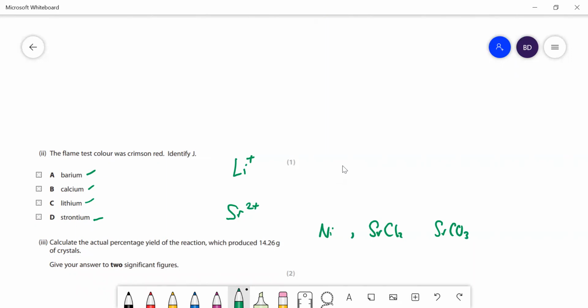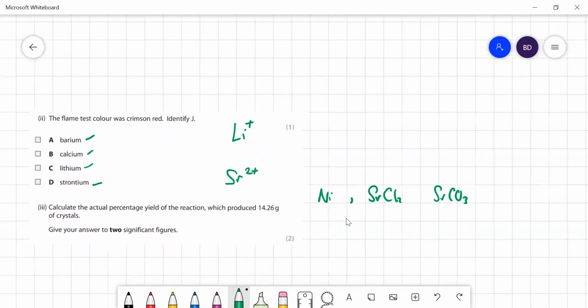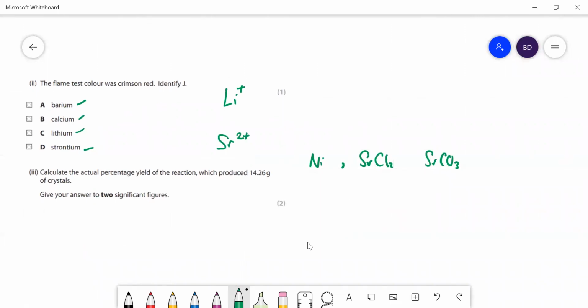So calculate the percentage yield if that was the case. What we need to remember here is the equation again. This time it's strontium carbonate reacting with 2 moles of hydrochloric acid to form SrCl2 and CO2 and water.